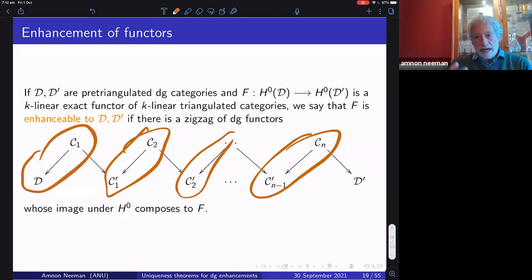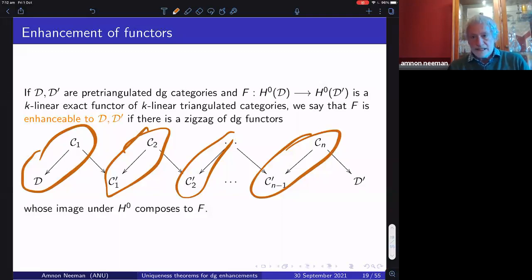And after taking H naught, the composite, in the obvious sense, where you go back by the inverse of the maps going the wrong way, is F. So that is what it means for a functor to be enhanceable.